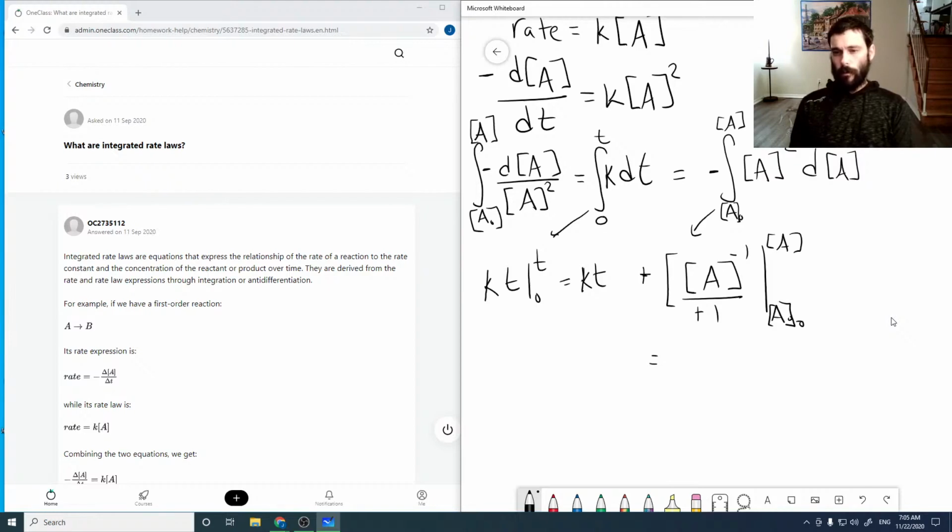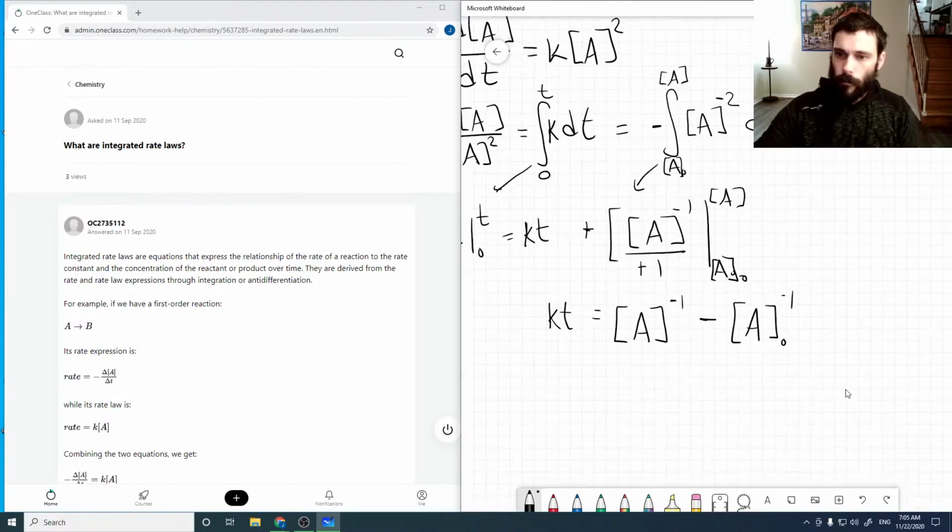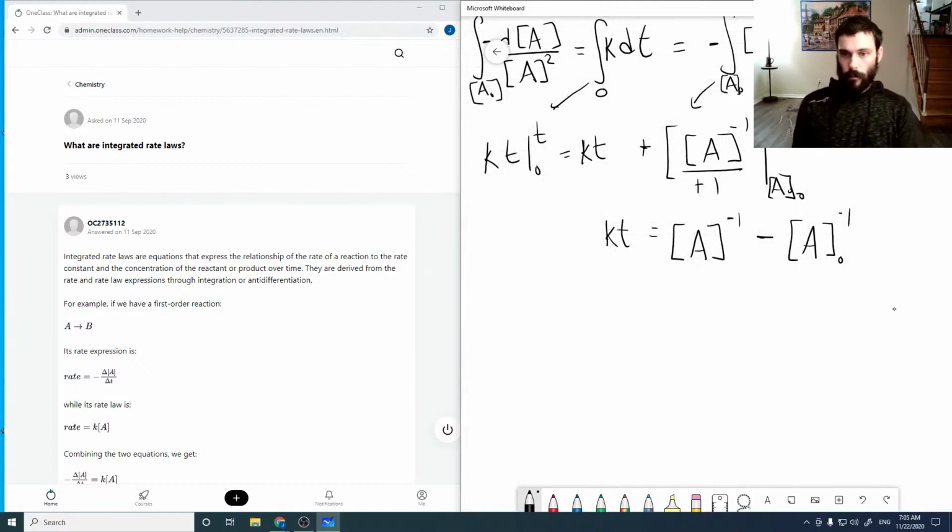And then it's just A to the minus 1 minus A naught to the minus 1, so that's our initial concentration of species A in this case, is equal to kt, or as we want to solve for our A species, we could write this as 1 over A equals kt plus 1 over A naught.